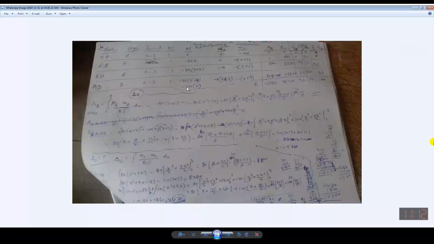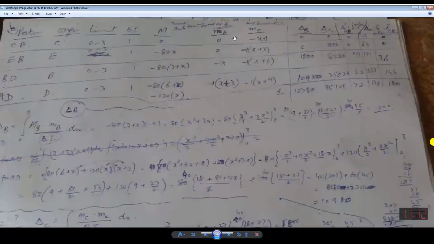Similar is the case with MC. This is the moment due to load at C. And if you keep the diagram in front of you, you will see for the first segment, it is minus x into 1, minus x. For the first segment, it is simply 1 into x, minus 1x.